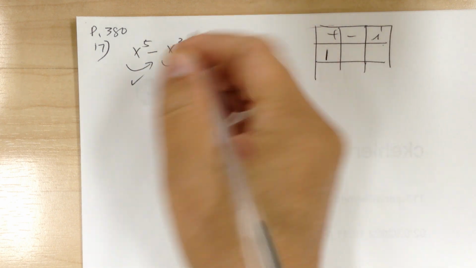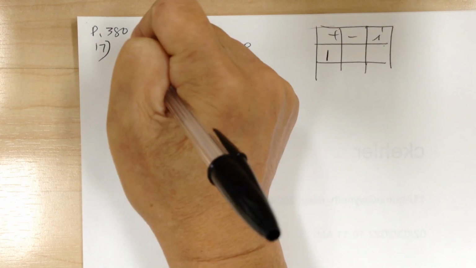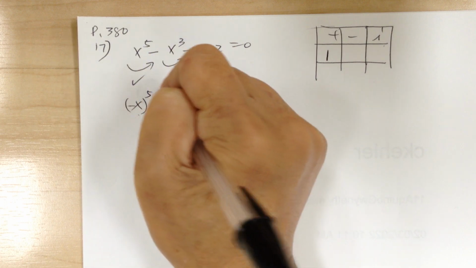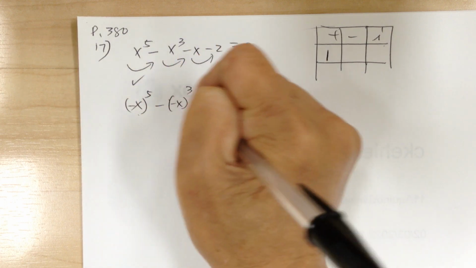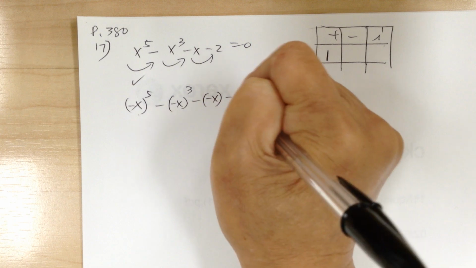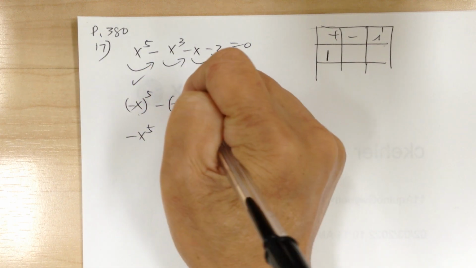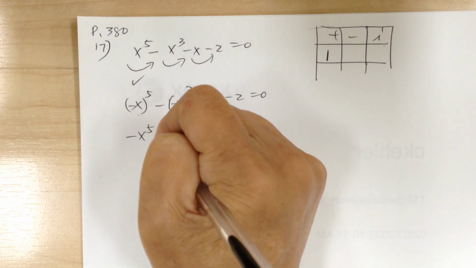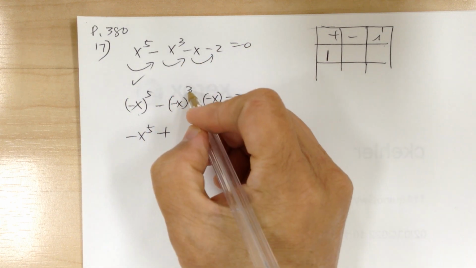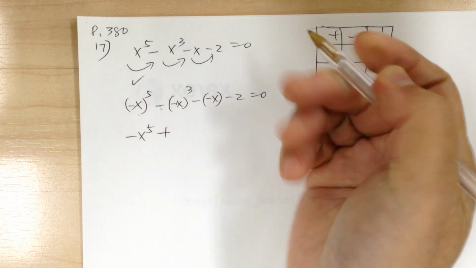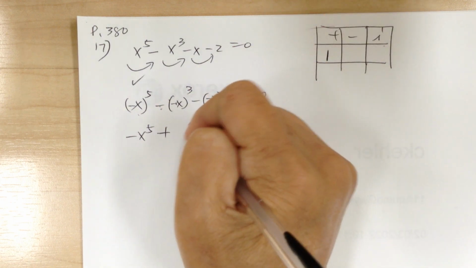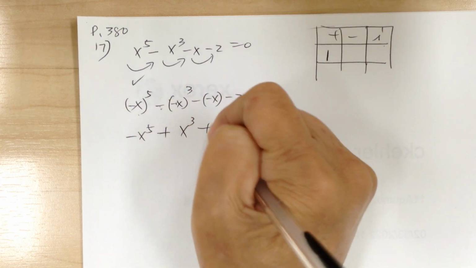Now let's switch to the negative powers. Change x into negative x. So this one becomes negative x to the 5. Now this becomes negative, and negative times negative gives you positive. So you're going to get 3 negatives here and 1 negative, so 4 negatives, it becomes positive x to the 3, and this becomes plus x.